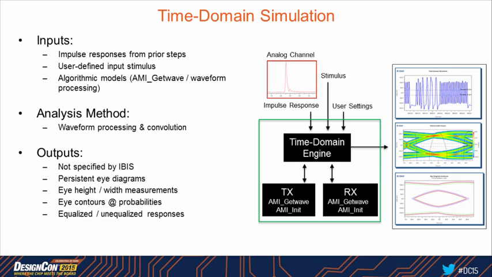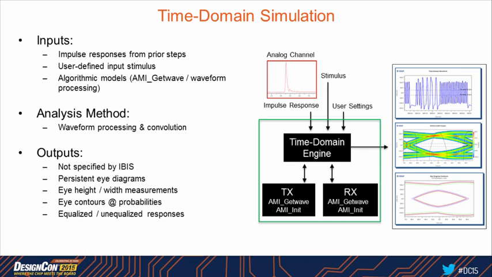And what's happening here, as we'll see later on, is that the simulator is using a mixture of waveform processing, or looking at how the models behave on a bit-by-bit basis, or doing convolution in place of the models, depending on the capabilities of the models that are involved in the simulation. And again, the responses that come out of the simulation process are, to a large degree, essentially the same as what we had in statistical.